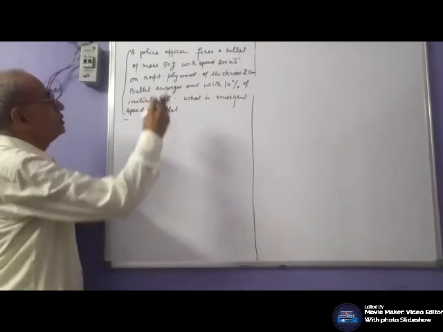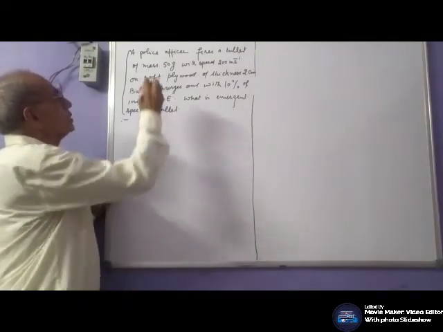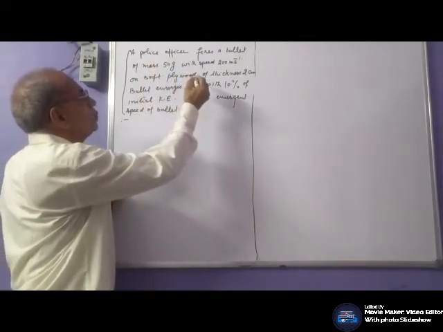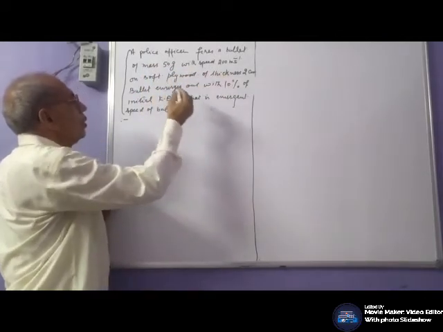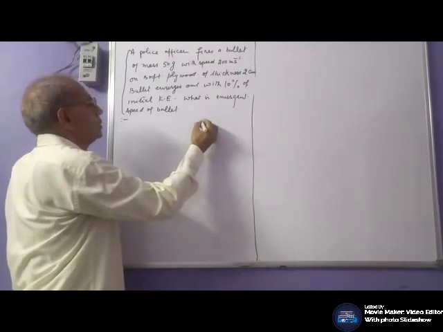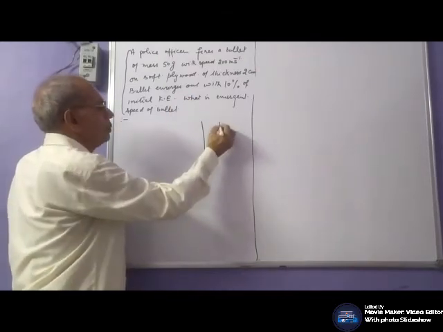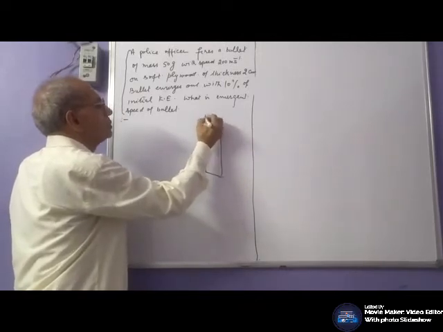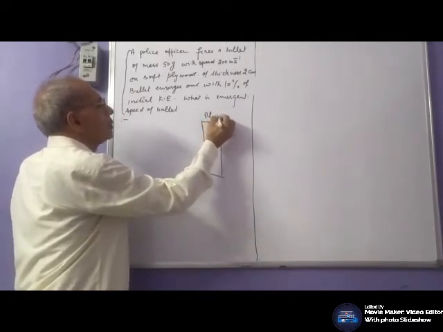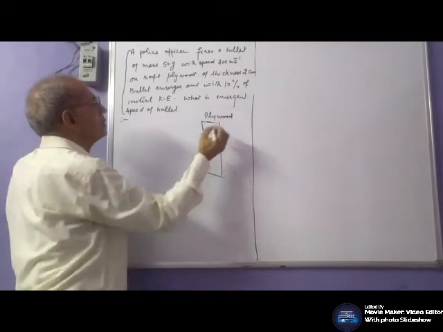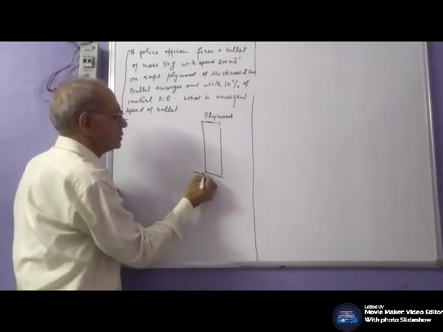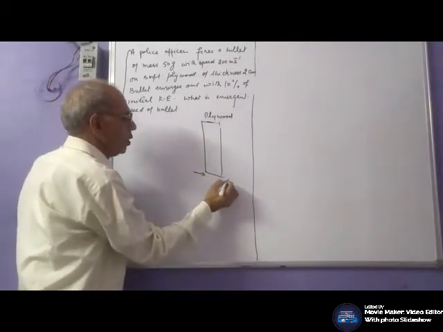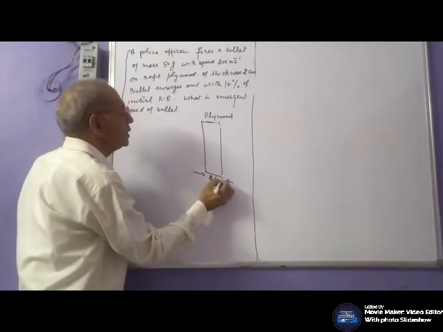A police officer fires a bullet of mass 50 gram with speed u on soft plywood. This is a soft plywood. The thickness of this plywood is 2 centimeter.